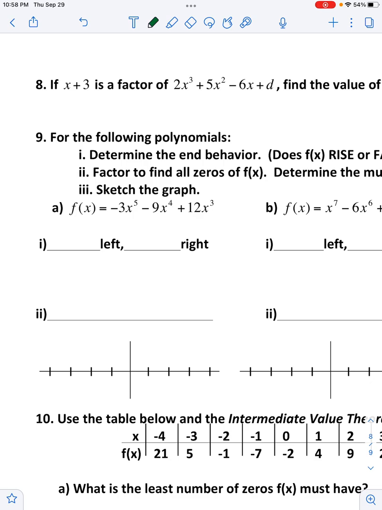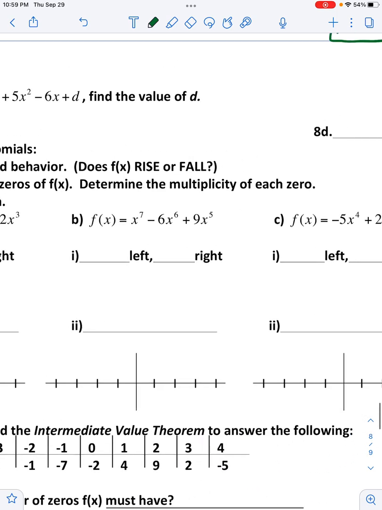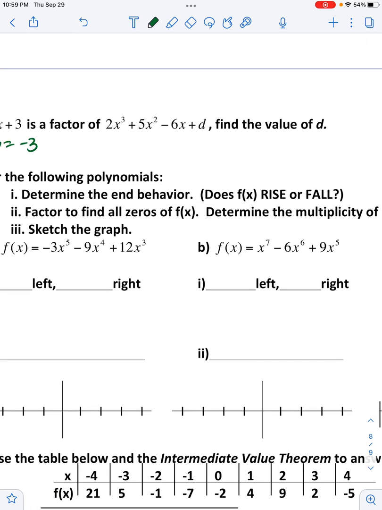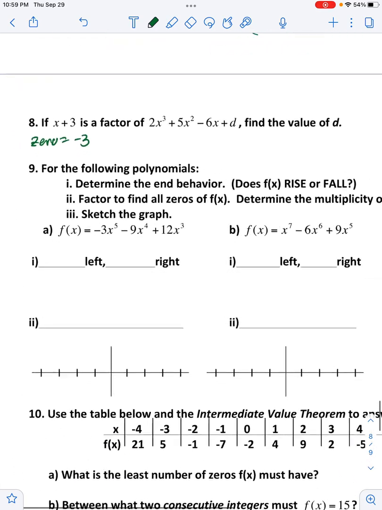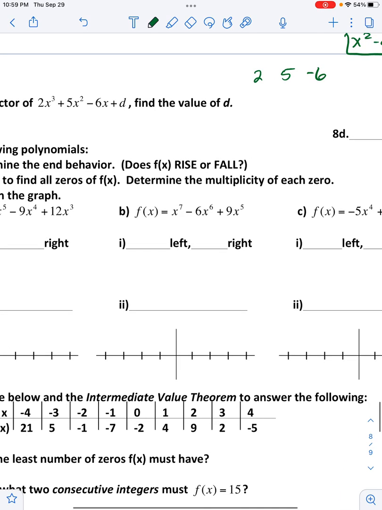So if x plus 3 is a factor, I'm thinking one of my zeros is going to be -3. Find the value of d. Ooh, this is kind of tricky. So we're going to want to know how to do this. So knowing that it's a 0, what could I do? Well, I would go, okay, I'm going to put my 2, my 5, my -6, and my d.